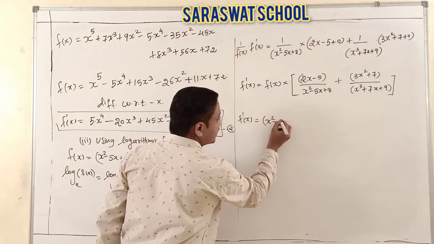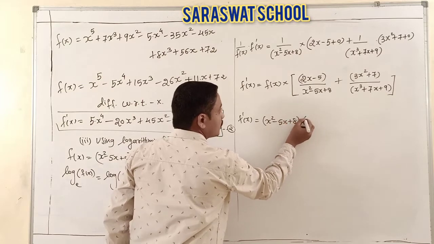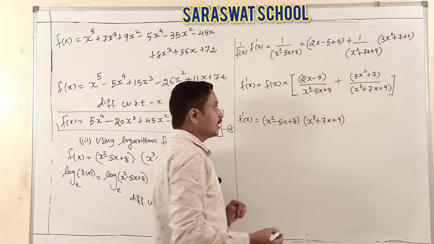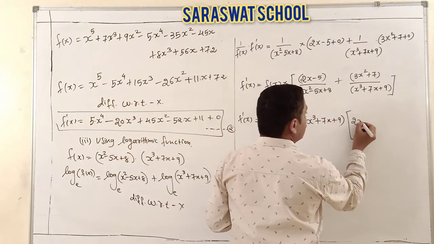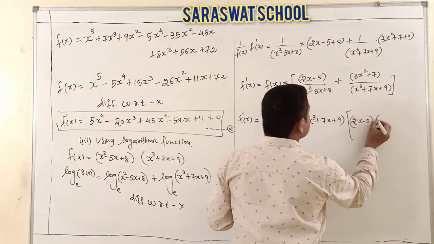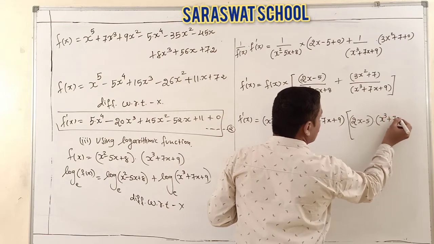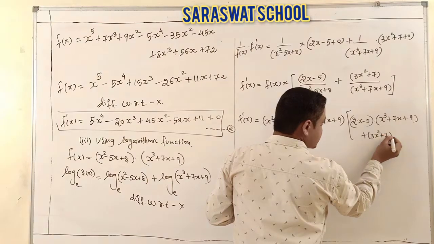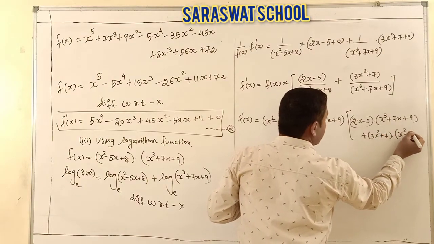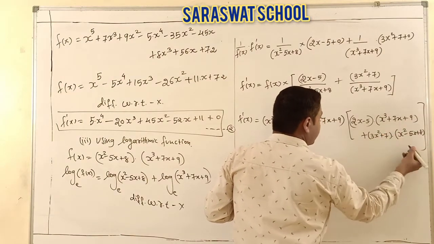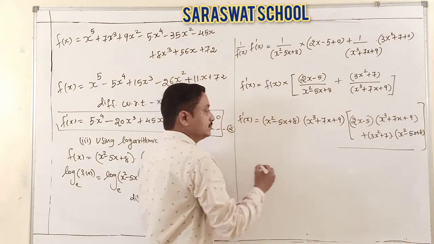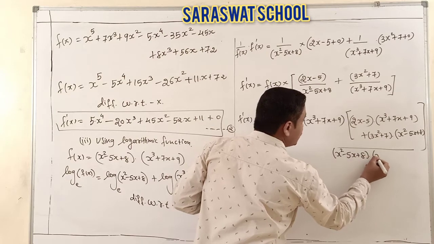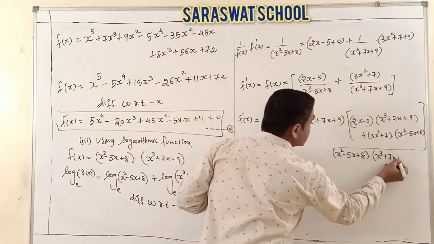(x² − 5x + 8)(x³ + 7x + 9), and here LCM take out: (2x − 5)(x³ + 7x + 9) plus (3x² + 7)(x² − 5x + 8), upon the LCM (x² − 5x + 8)(x³ + 7x + 9).